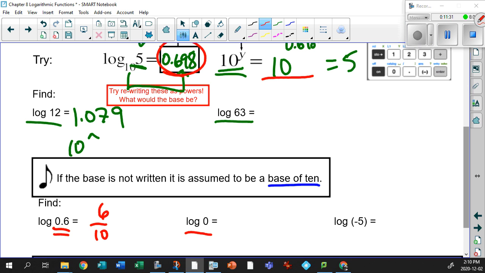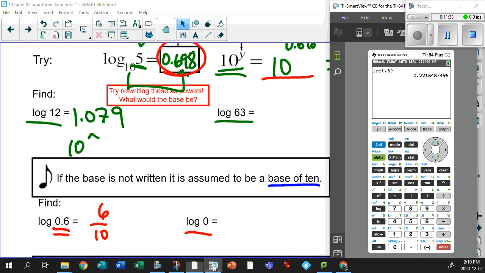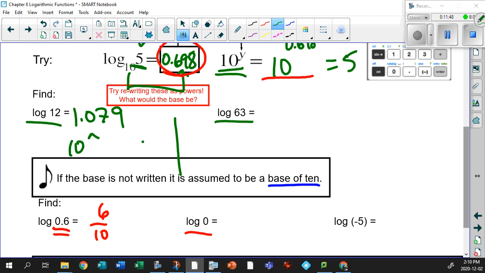Oh, cool. Let's do the log of 0. Okay, let's see what that is. I'm kind of curious as to what the log of 0 could possibly be. The log of 0. Here we go. What? I've got an error. Remember the graph? Remember the graphs of logs start here and then go this way? So in other words, non-permissible value.